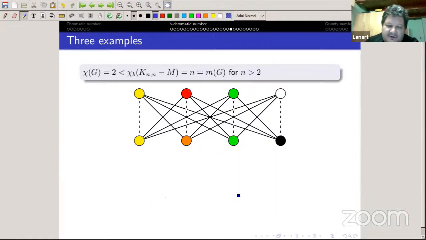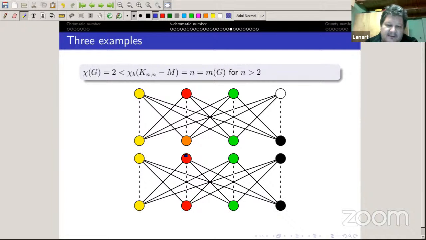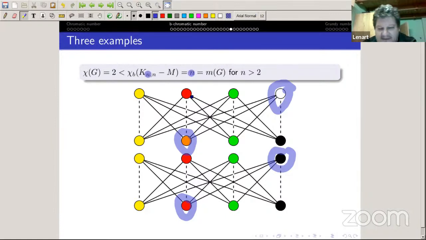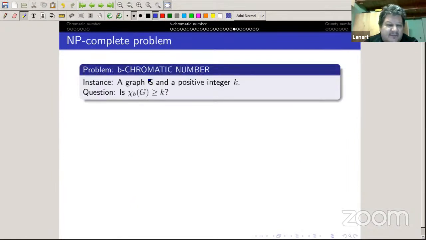And if we continue, this vertex is then recolored red at the next step, and this white vertex is recolored black at the end. So we obtained in this case 4 colors, and if n is bigger than 4, by this procedure we clearly obtain n colors. And of course, now this is 2, this is n, so you see that the b-chromatic number can be arbitrarily larger than the chromatic number.